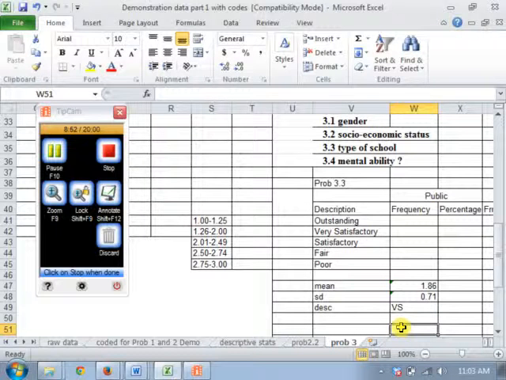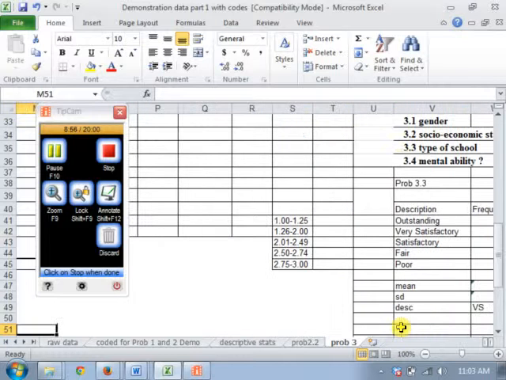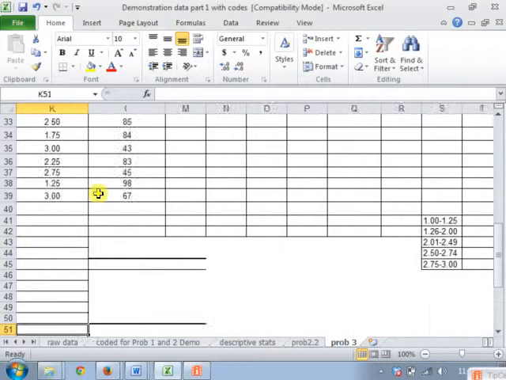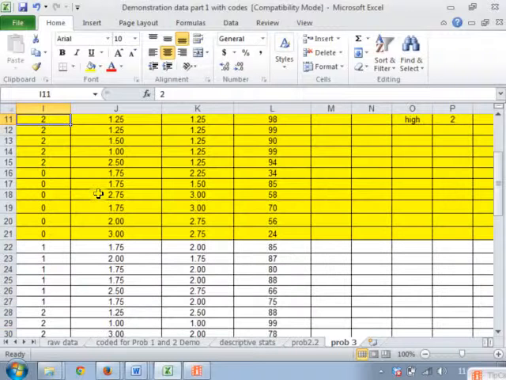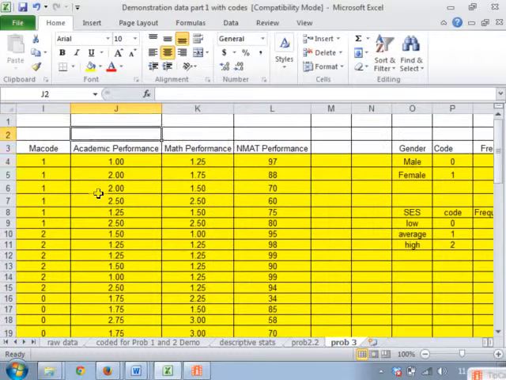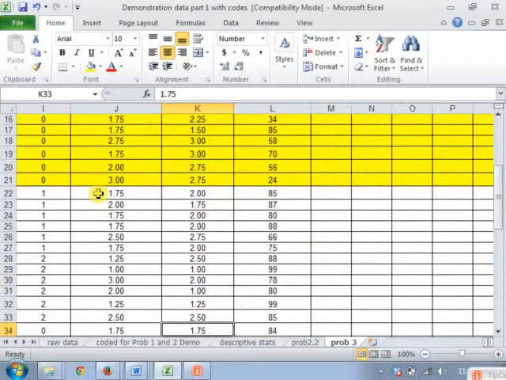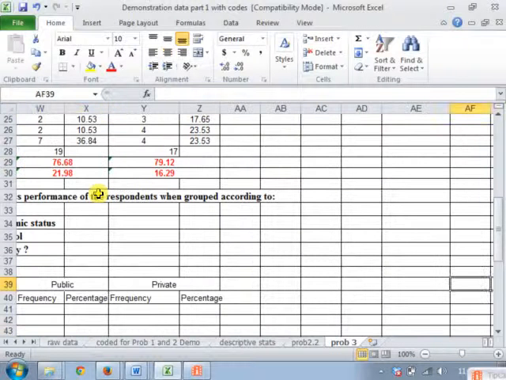The majority. Alright? Sige. How about those coming from the private? We have the math performance on K, K22 hanggang K39.